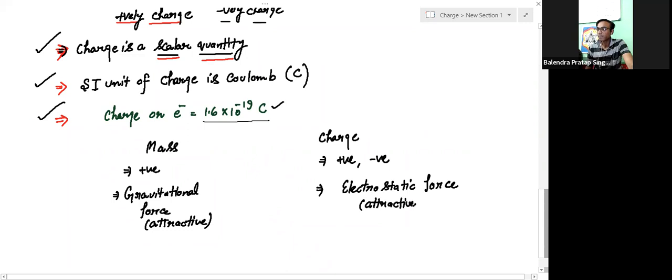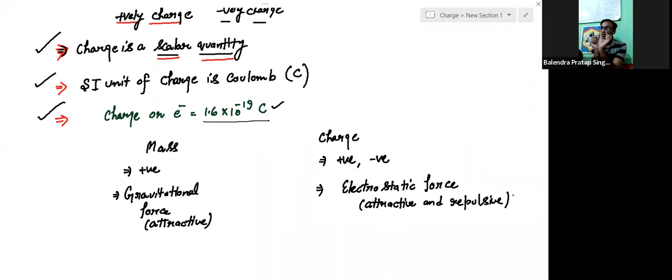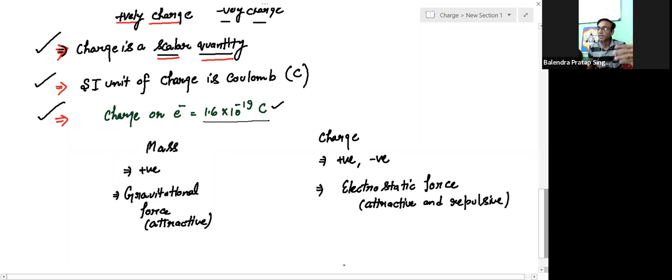If I consider two charges which are both positive, then what happens? They will repel each other. And if I consider a positive and a negative, then they will attract. So here we can write: similar charges repel each other, and dissimilar charges attract each other.